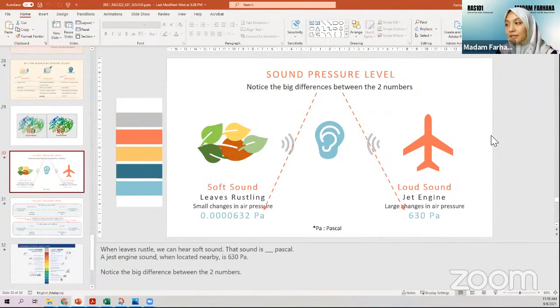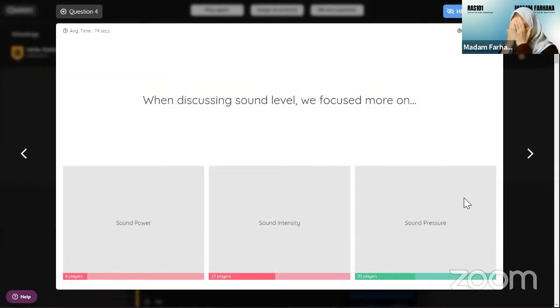So how to remember? Okay, remember in your ear, there's the eardrum. So when there's a louder sound, it gives more pressure. So it's easy to remember, right? Sound pressure. When you go to site analysis, okay, you will have a reading on sound. So that is sound pressure.